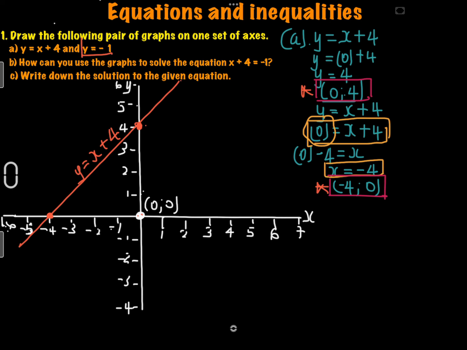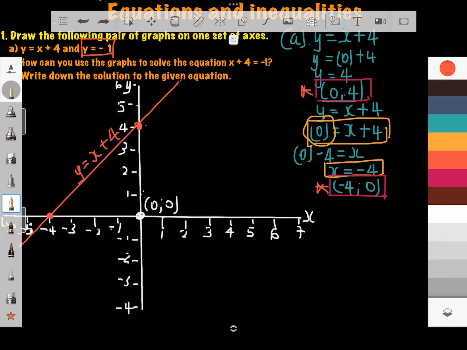So what we simply need to do is look for our y variable. So y is equal to negative 1. Negative 1 is along this line here. So we draw a solid line like that.